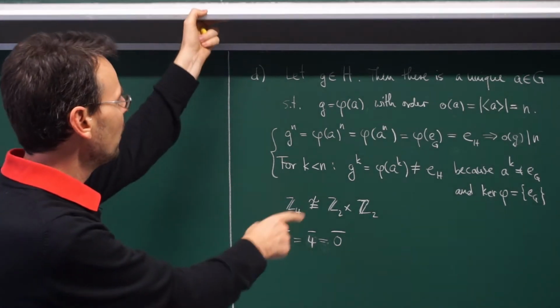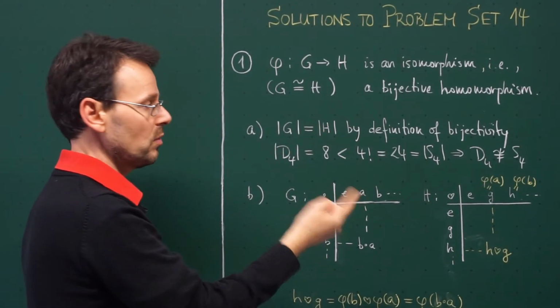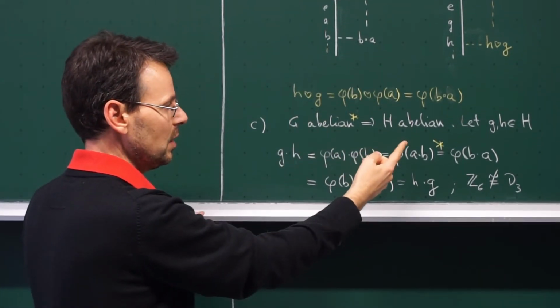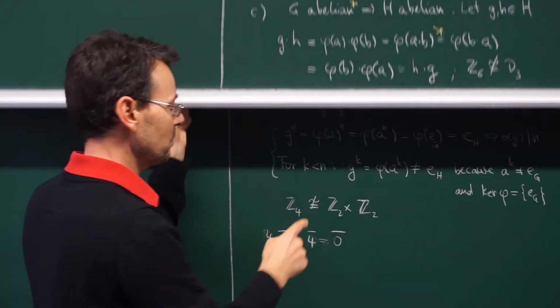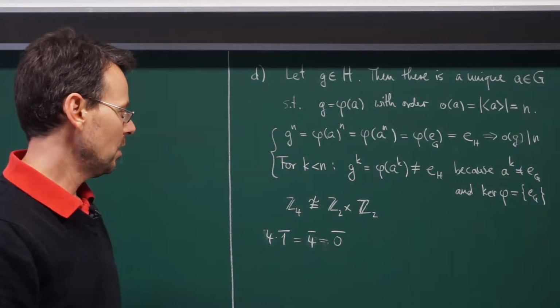Okay, so using A, they could still be isomorphic. They have the same number of elements. Using C, they are both abelian, so they could still be isomorphic, but with part D, we see that they cannot be isomorphic groups.